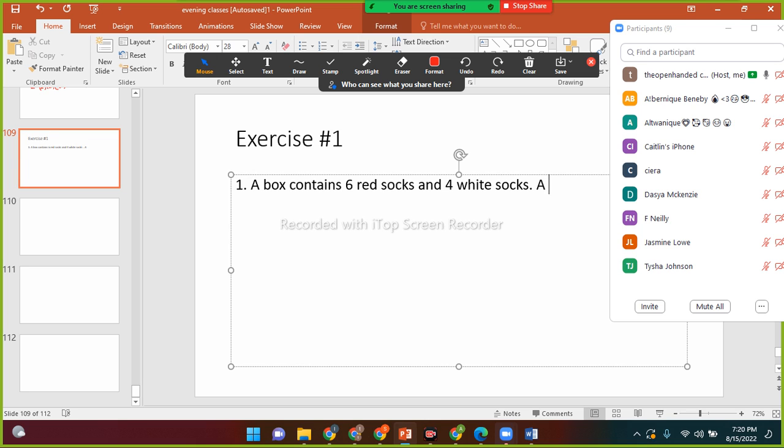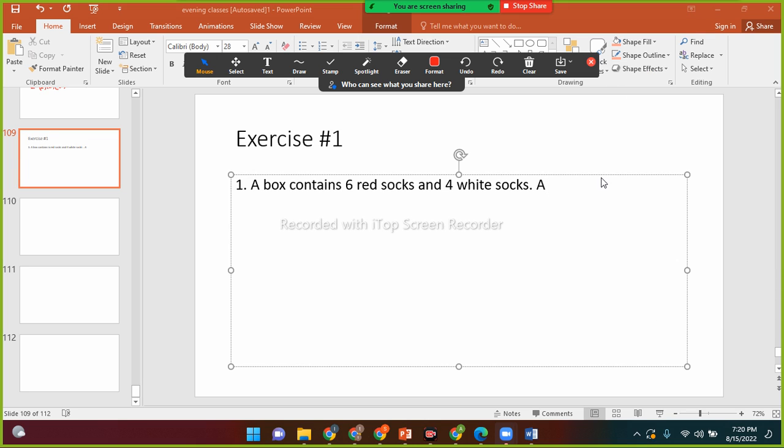A sock is taken out at random and put back in the box. A second sock is then taken out.